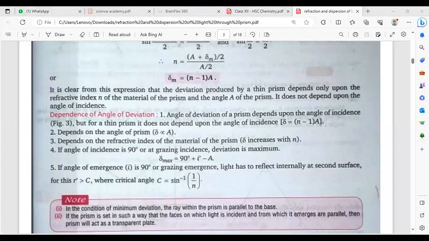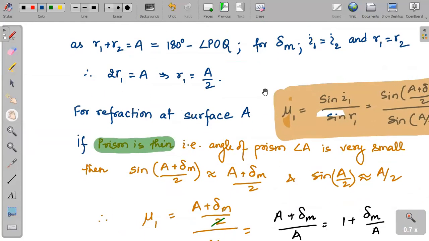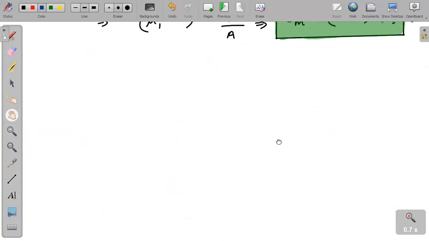हम लोग एक काम कर सकते हैं, इस notes में एक दो points add कर लेते हैं. Point number 1.